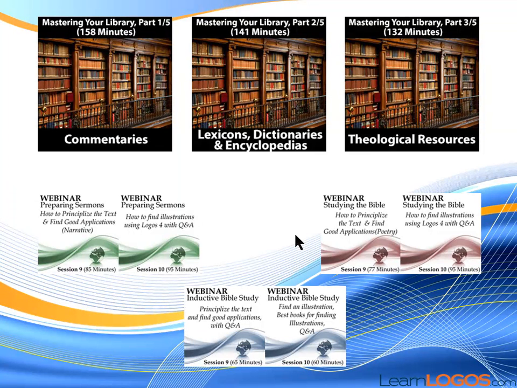All the examples are different between each one, and in some of the webinars there is a difference in the topics covered. But really, you can get by with one set, or you can get all 6. It's really up to you. But I definitely recommend that if you want to learn how to find applications and principalize the text, how to find illustrations, those webinars are specifically targeted for that. We'll cover a little bit of that tonight, but really we're focusing on resources.